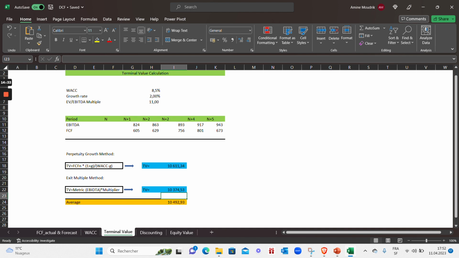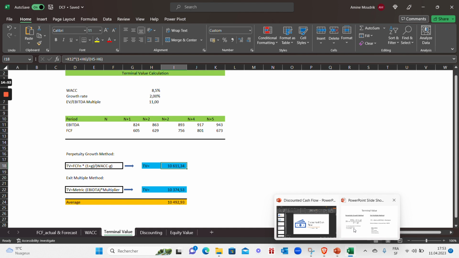In other cases, some practitioners, instead of taking either the perpetuity or the exit multiple, will take an average of the two. But as you can see, the figures are almost the same, and they should be.